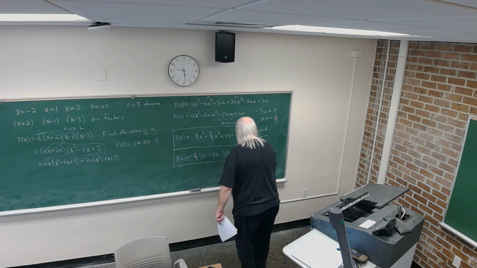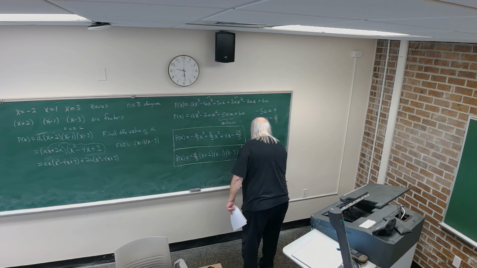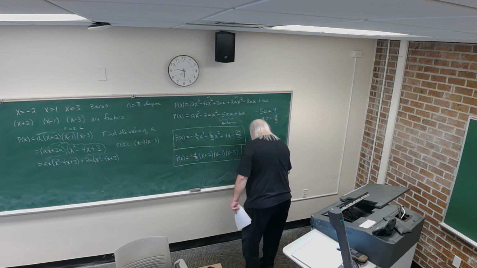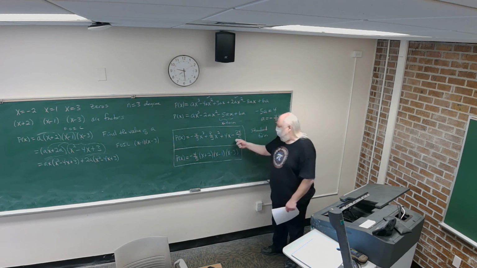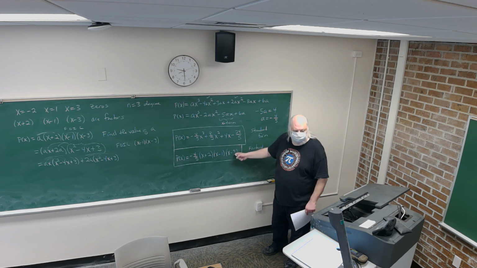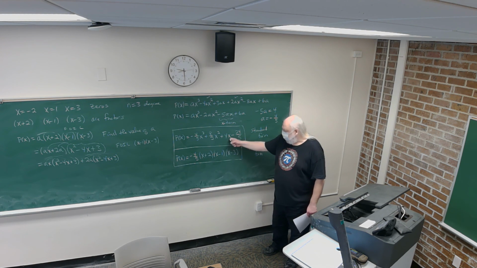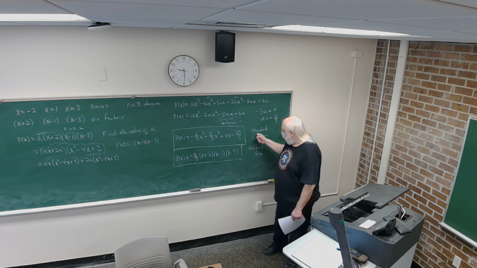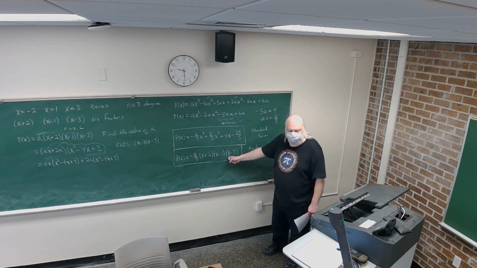Same polynomial, but in factored form. Every polynomial can be factored, right? So this is the third degree polynomial in standard form, and this is what it factors to. Okay.